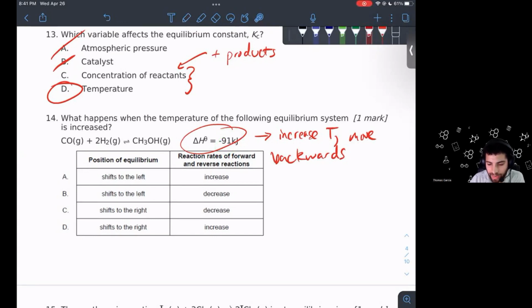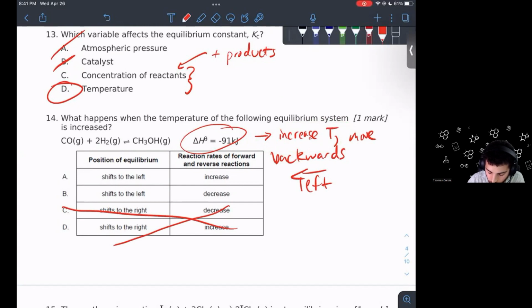So we don't want to add more heat to the system if we're already increasing the temperature. So we know that when we increase temperature, we should be moving backwards or to the left. All right, so we can automatically eliminate C and D.